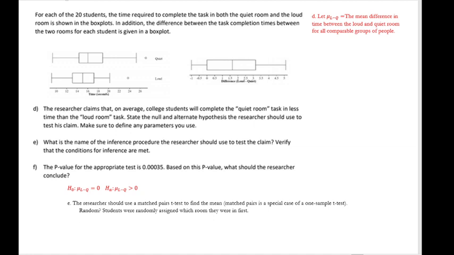The second condition that we need is that they are all independent. And this condition of independence is the 10% condition. So there are at least 200 similar students in the population of interest.